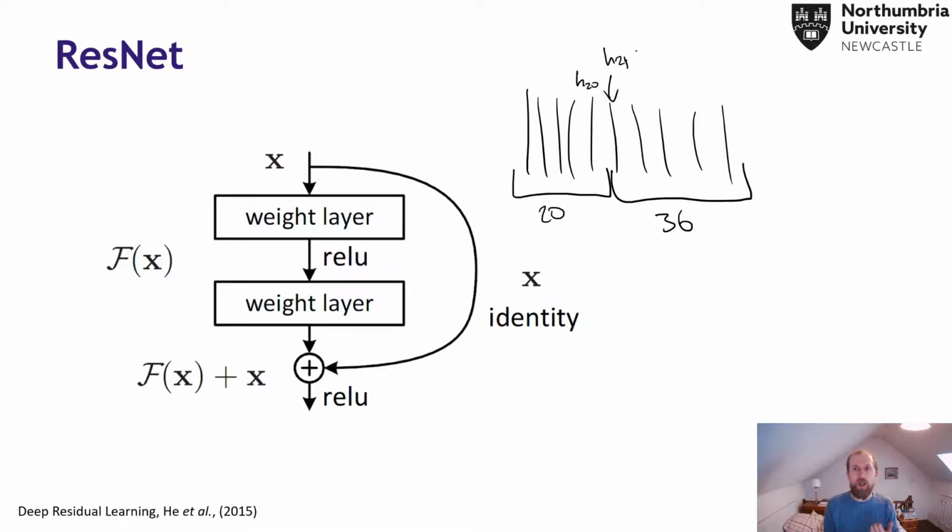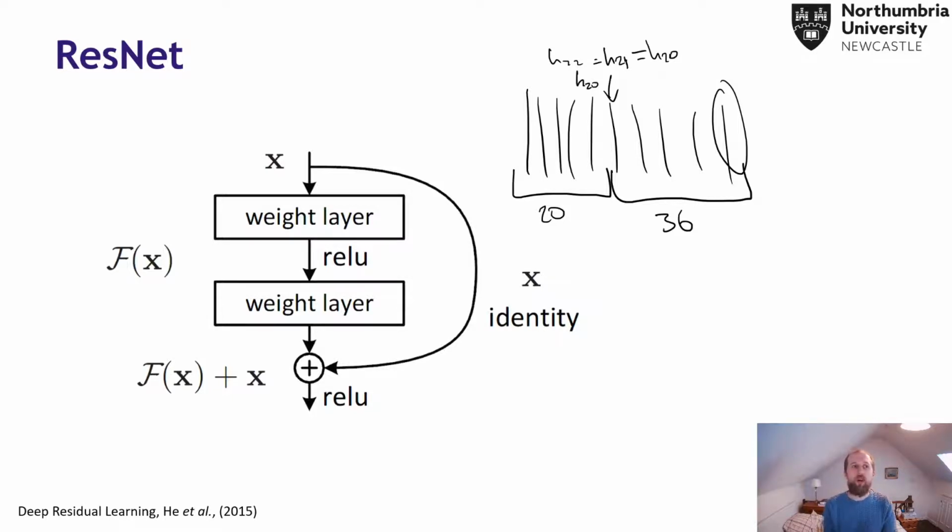If you just say that H21 is equal to H20, then for the next step you'd say H22 is equal to H21 and do that all the way. So essentially you don't change anything until you get to this output layer. If you don't change anything, then you should get the exact same results as you do at H20.